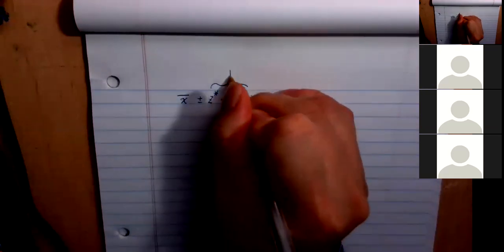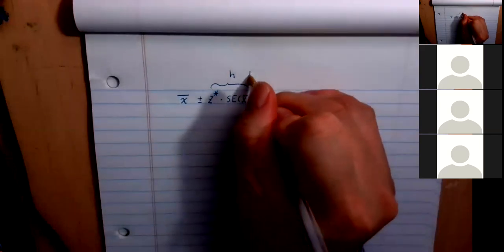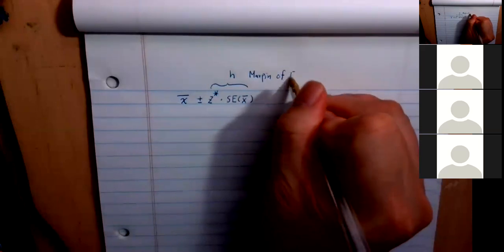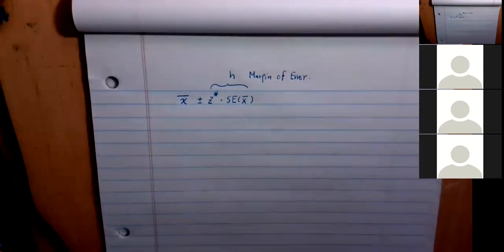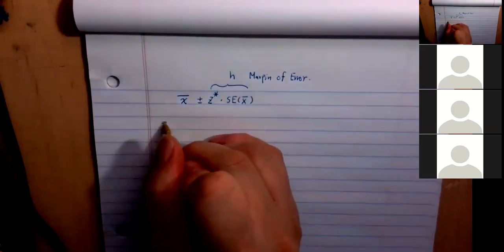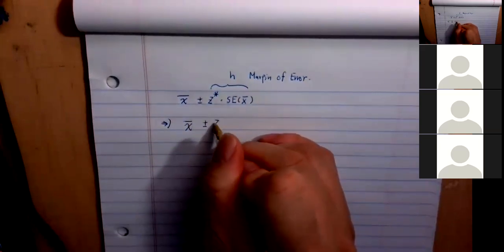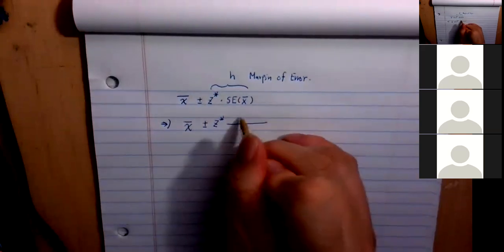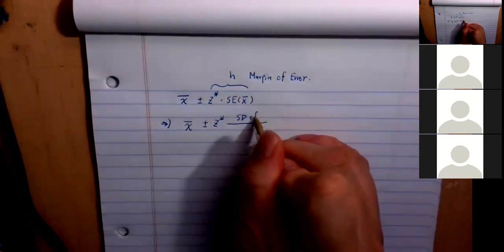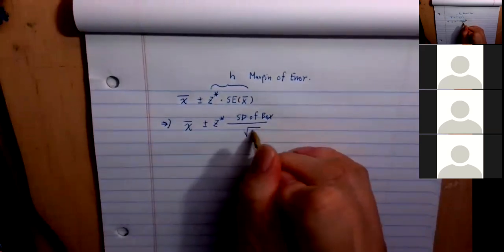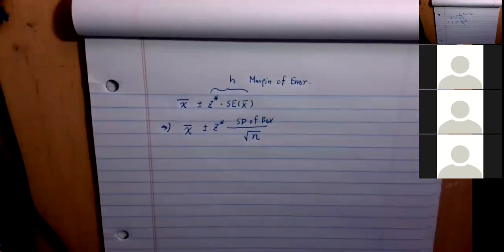This is called H. H is the margin of error. As I showed you earlier, this simplifies to X bar plus or minus Z star, standard deviation of the box divided by square root of n. N is the sample size.